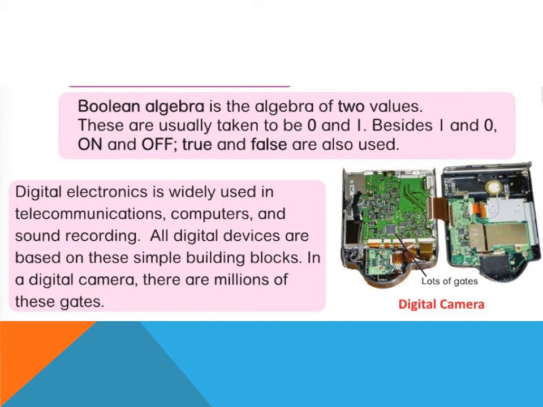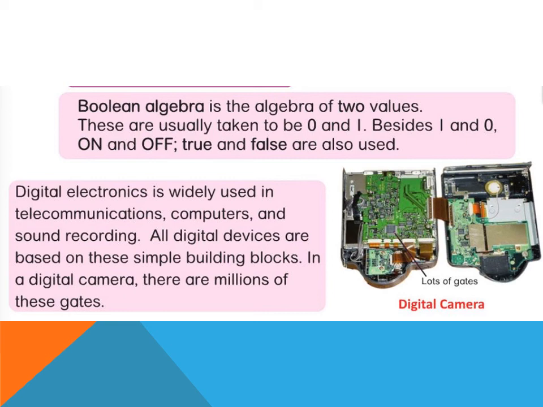Moving on. Digital electronics is widely used in telecommunications, computers, and sound recording. All digital devices are based on these simple building blocks. What are these building blocks? The gates. Okay. In a digital camera, there are millions of these gates. As I already said, look at the diagram on the right hand side. That is the digital camera.